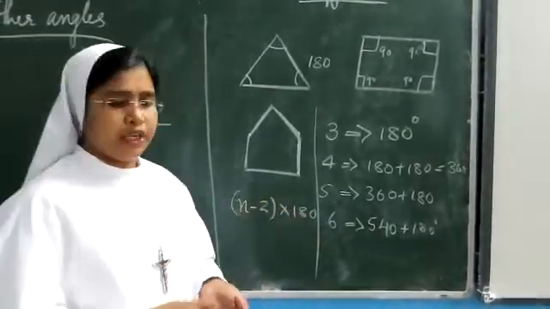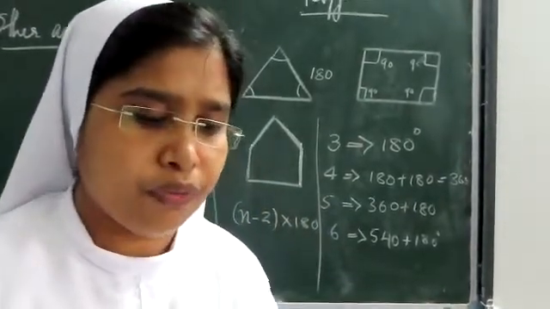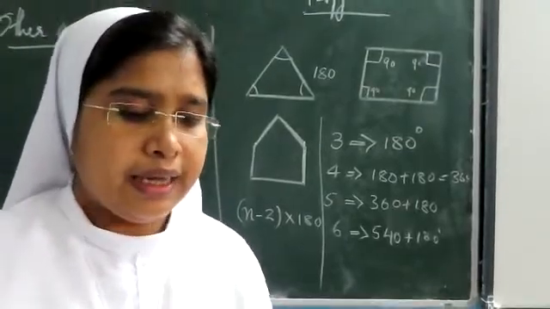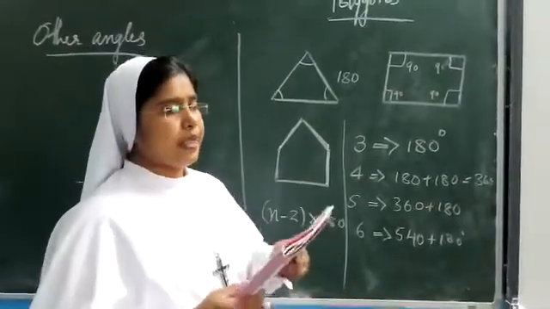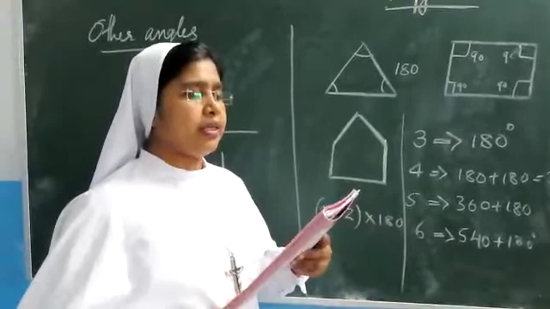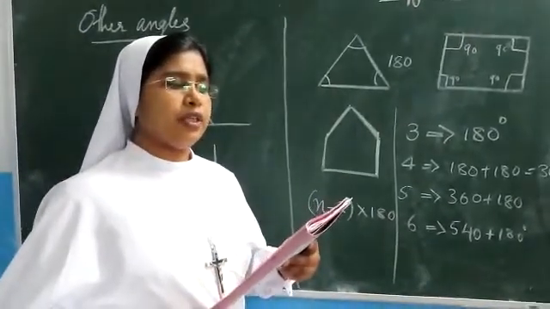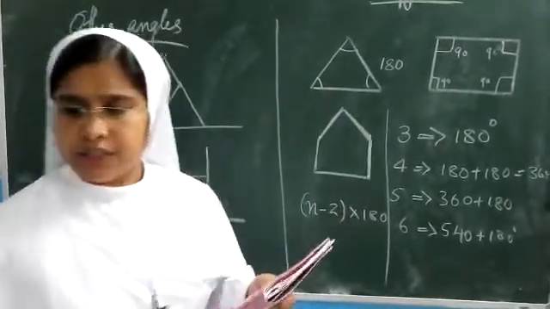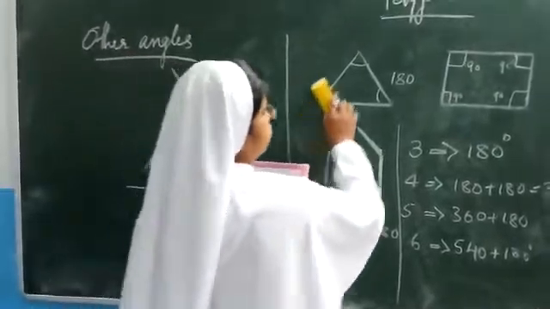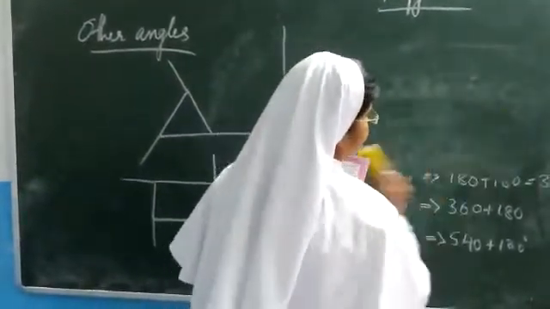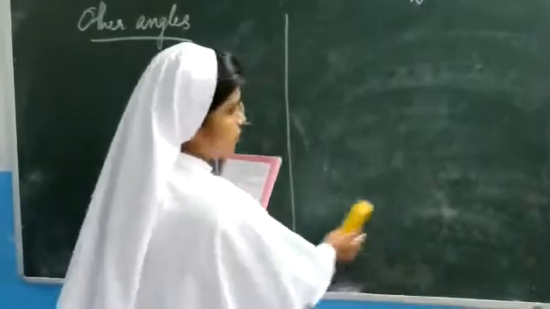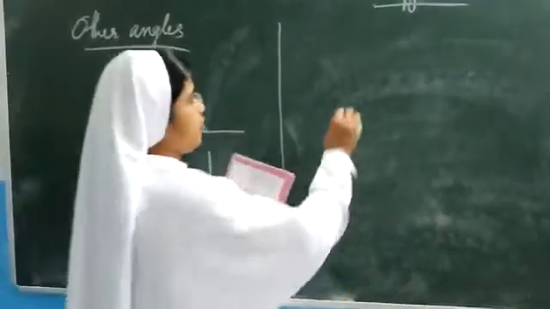Now in the textbook you have a question. Question number 5. 4 questions we have done, and in the 5th one there was a question. The sum of the angles of a polygon is 1980. Okay. What is the sum?